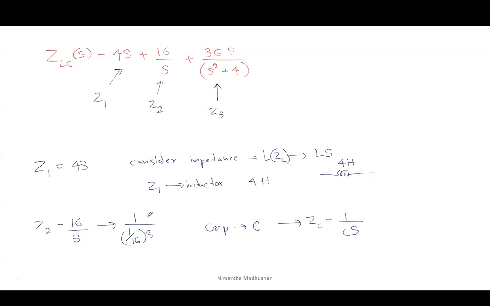Then Z2 is a capacitor with the value of 1 over 16 farad. Now these two are okay. This is the inductor, this is a capacitor.